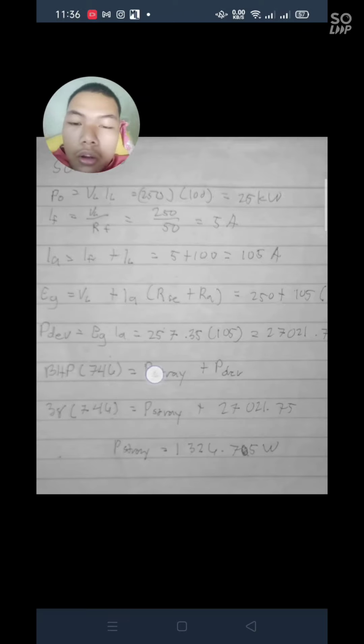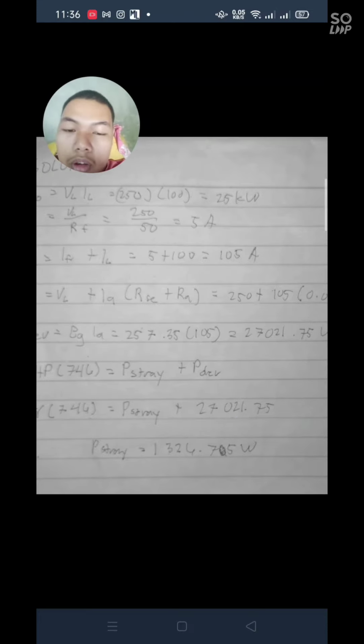So in order to get the P stray, we have the formula BHP times 746 equals P stray plus PDEV. So we have BHP of 38, and this PDEV is 27,021.75.